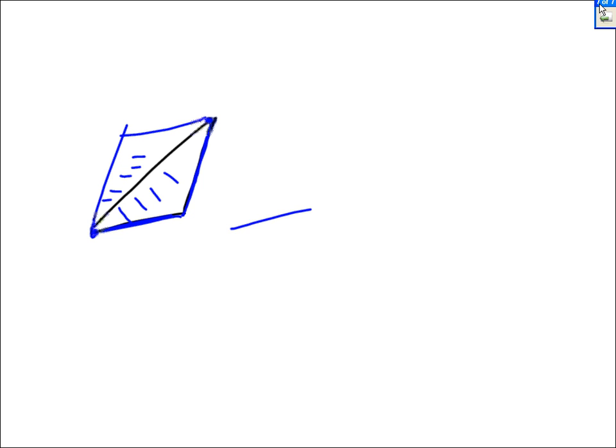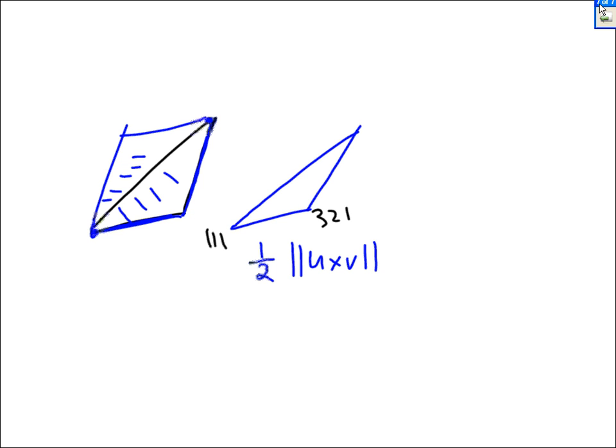So the area of this would be 1/2 the length of u cross v. And if they give you the 3 points, if they tell you this is 1, 1, 1 and 3, 2, 1 and 1, 0, 4, you can find this vector.